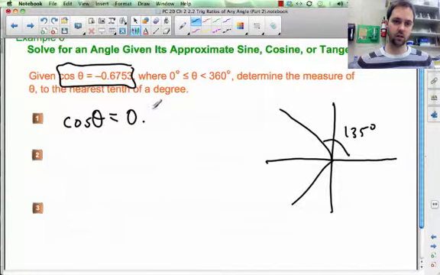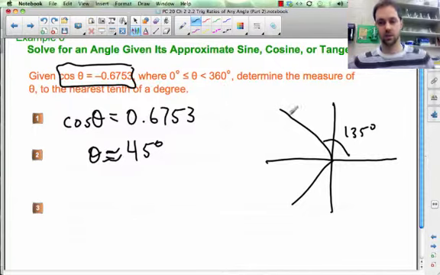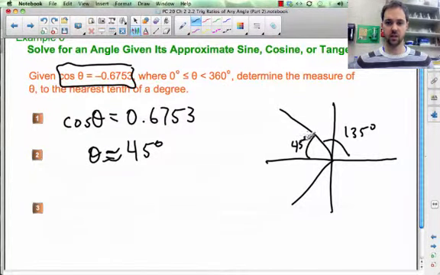So find the value of the angle when the cosine of that angle is positive. You find out that we get a reference angle of roughly 45 degrees. So that means our reference angle is 45 degrees here, the reference angle is 45 degrees here.